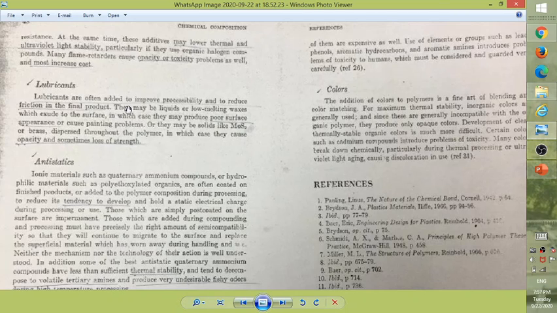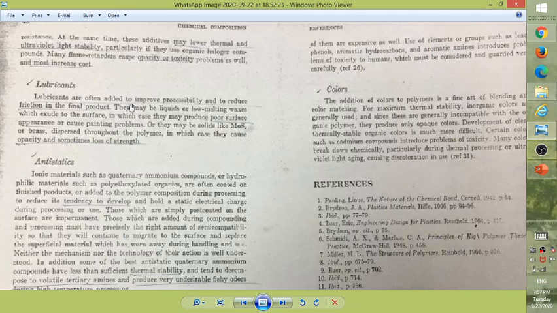But this can also cause some problem for poor surface appearance and cause painting problems. Or they may be solid like MoS2, molybdenum disulfide, or brass dispersed throughout the polymer, in which case they cause opacity and sometimes loss of strength.